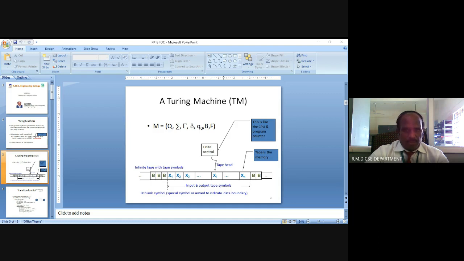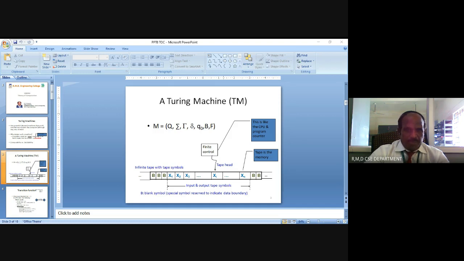Instantaneous description of the Turing machine. It is X1, X2, ..., Xi-1, Q, Xi, Xi+1, up to Xn, where Q is the current state and the tape head is positioned at Xi. X1 to Xn are the current tape symbols.